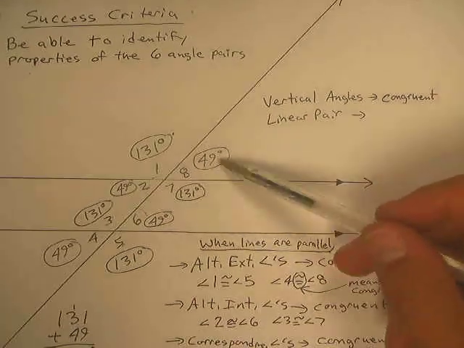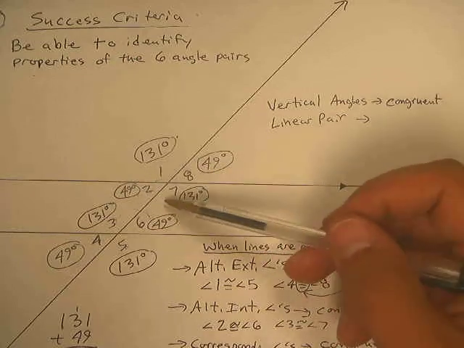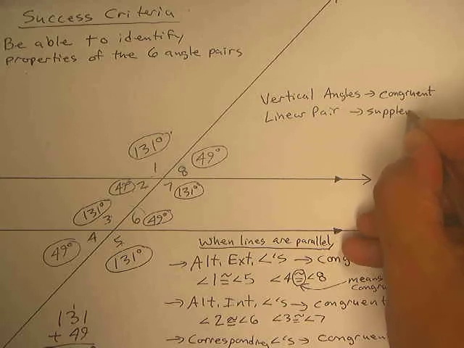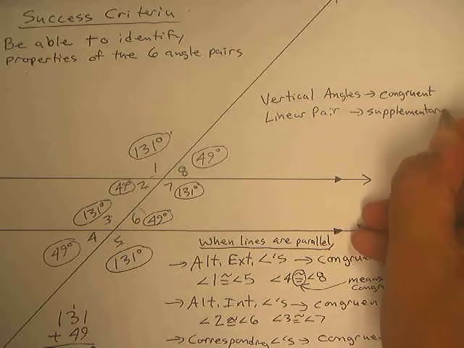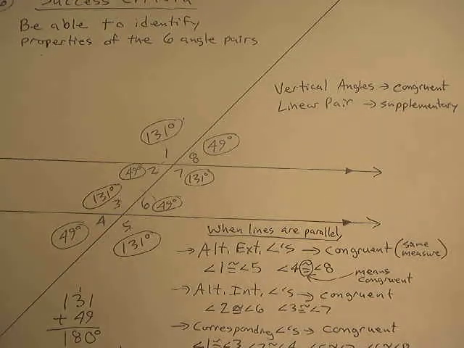Remember, vertical angles are across from each other. 1 and 7, 2 and 8, 3 and 5, and 4 and 6. So these are all going to be the same. They're going to be congruent. Whereas a linear pair, they're next to each other. And you can see all the angles that are next to each other are all supplementary.